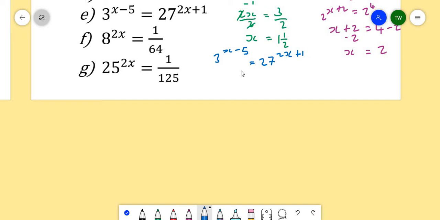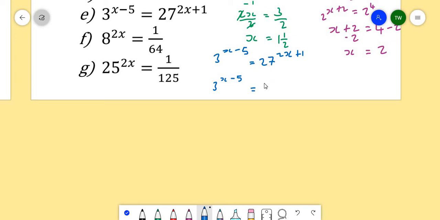So here, we want to write 27 in index form with a base of 3, right? Because the base of the first term here is 3. So we're going to write back this term that we have on the left. So we're going to have 3 raised to the power of x minus 5. Put back our equal sign. And now we need to write 27 with a base of 3 in index form.